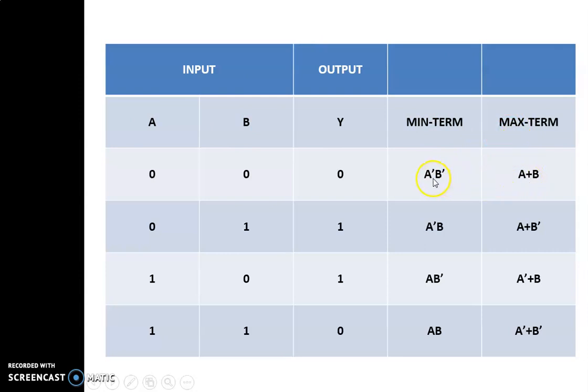For min term we take the complement of 0 and for max term we take the complement of 1. So here we can represent the min term as A bar B bar and the max term as A plus B.